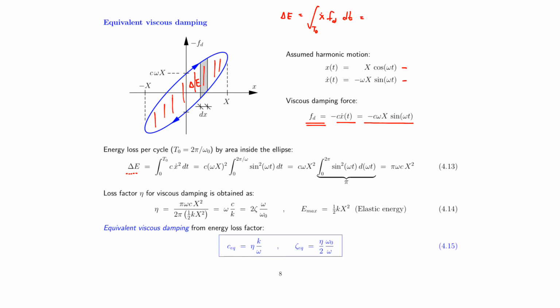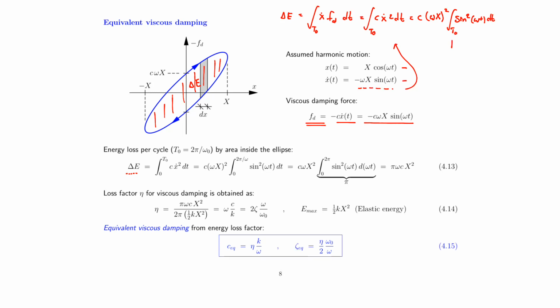So we will do the integral, and then we will have c, and then we will have x dot squared dt. We will then substitute in our expression for velocity, and it turns out we will have c as a constant, independent of time. We will also have omega capital X that is independent of time, and what we are left with is an integral over a period of sine squared omega t dt.